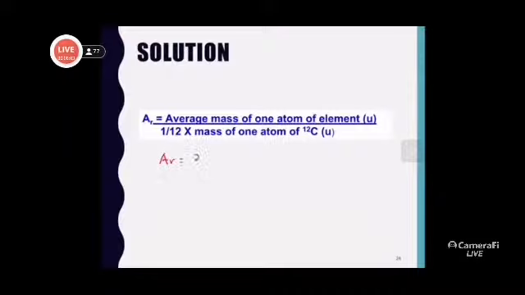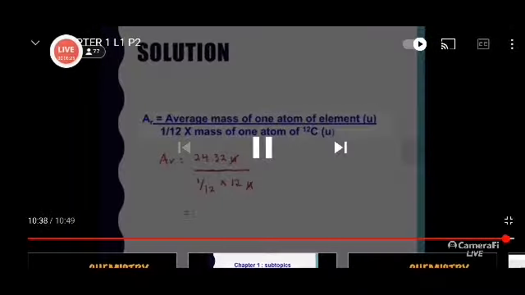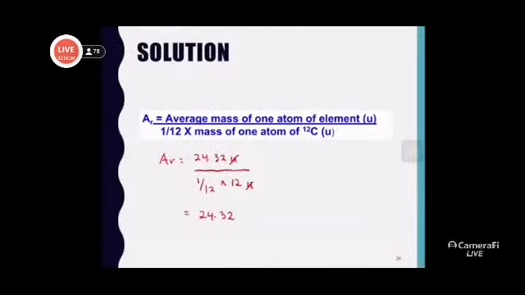Ar equals 24.32 U, from the previous question, over 1/12 times mass of one atom of carbon-12, which is 12 U. Since the unit is the same, we can cancel out the unit. So the final answer is 24.32. This is why relative atomic mass has no unit.